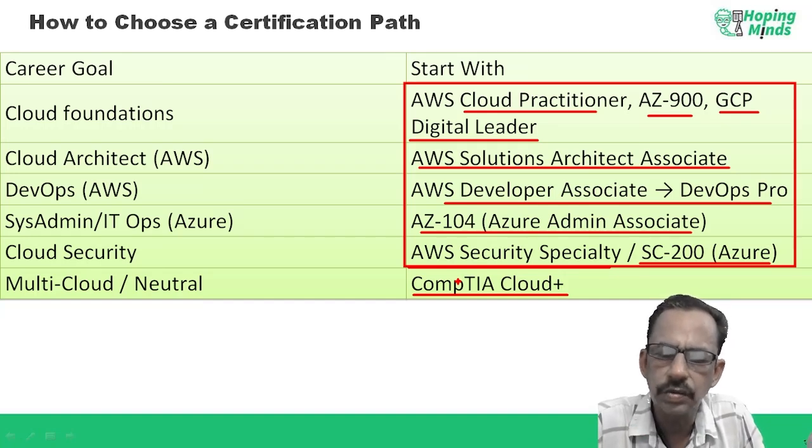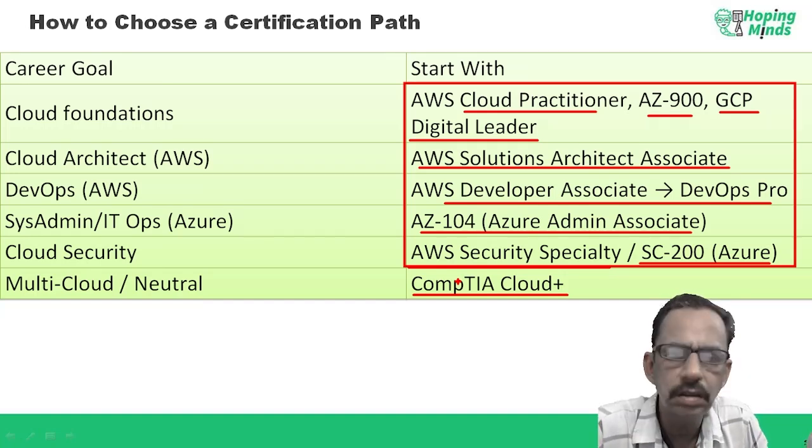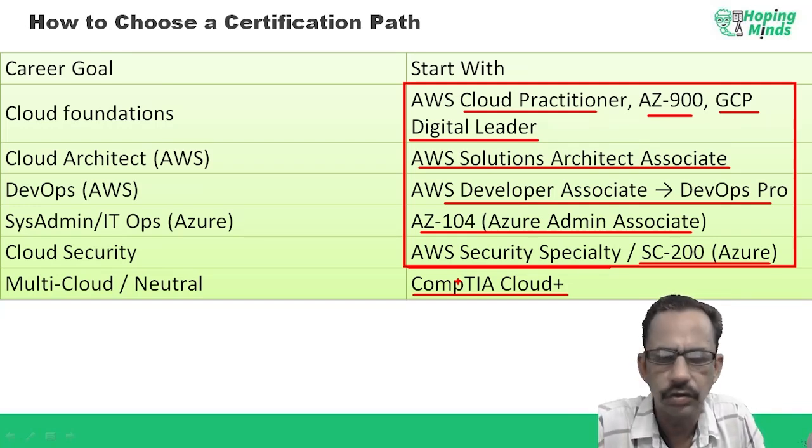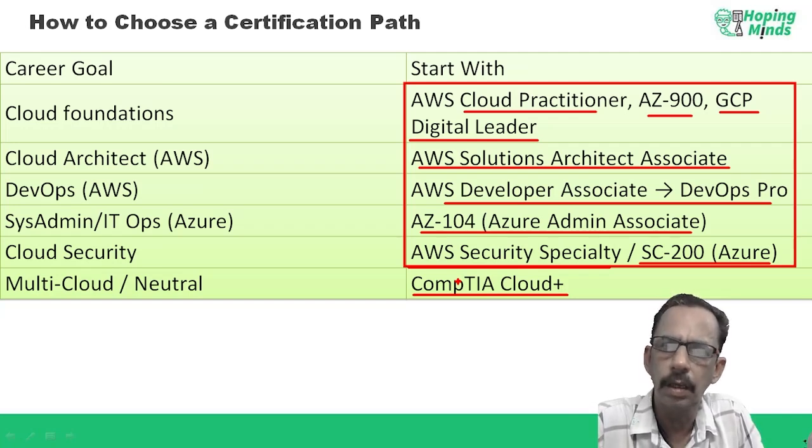And CompTIA is also a very rich and popular certification authority for most of the exams. Neither Microsoft is taking the exam directly, nor AWS, nor Google. For any exam, you have to appear via Pearson.